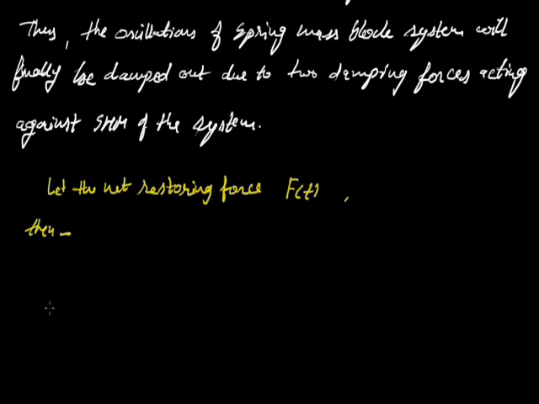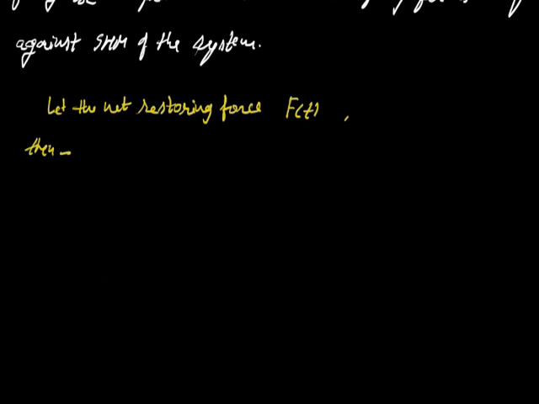Then it can be put equivalent to F(t) equals minus kx minus bv, equals the restoring force in the spring plus the damping force provided by the viscous force of the liquid. Consider this equation number 1.